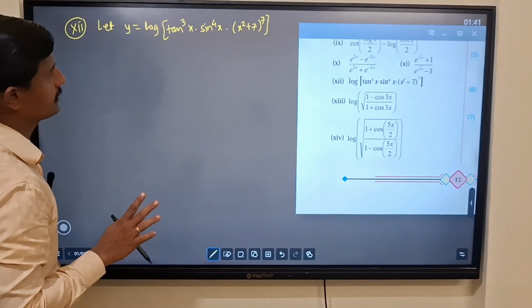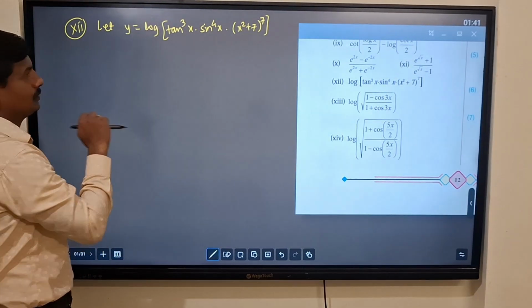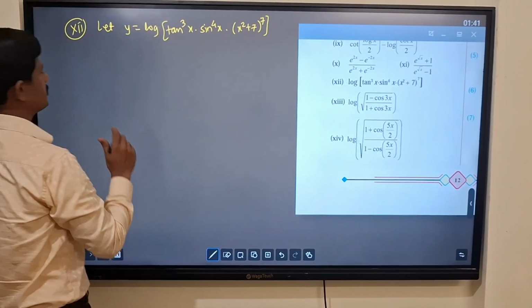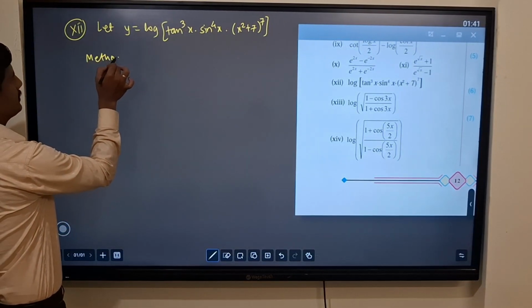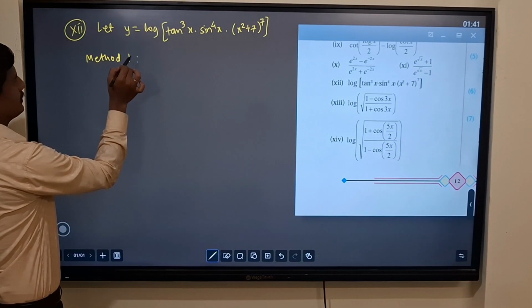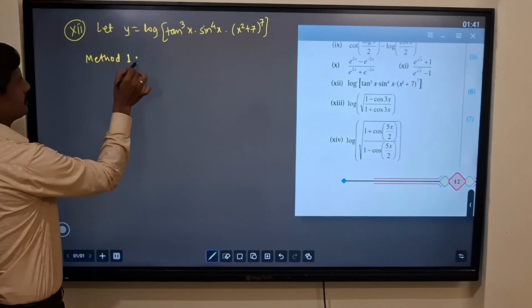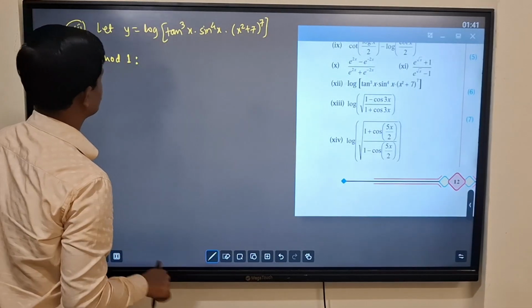Okay. Now these questions have two methods to solve it. First, I will write down this method 1. Okay, I suggest which method you feel is easy, you can use that method.